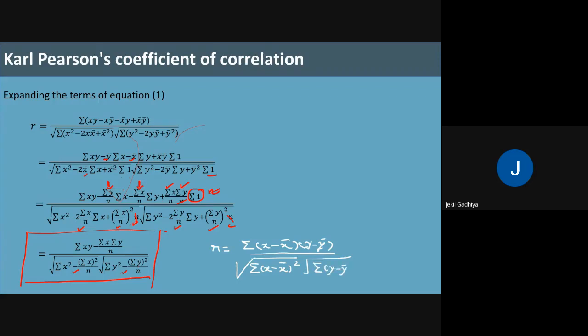And this formula is coming out from covariance of xy over sigma x and sigma y.